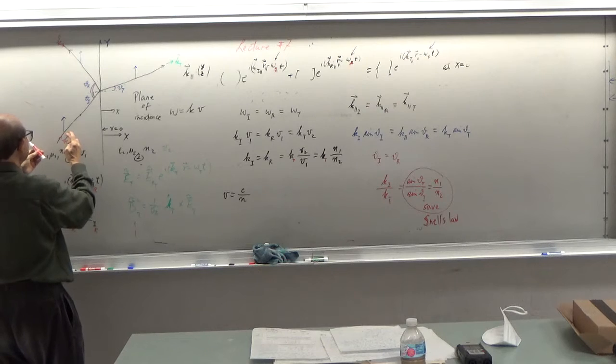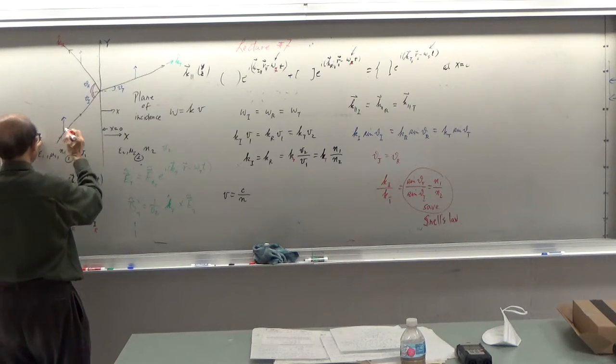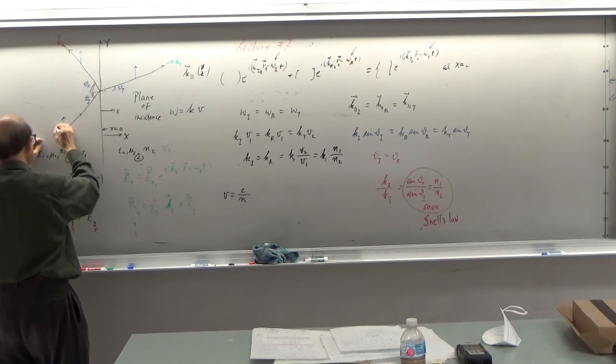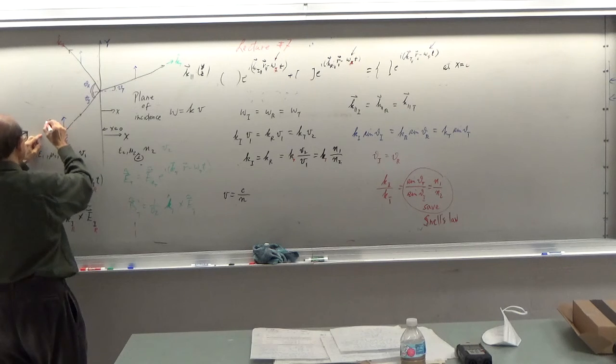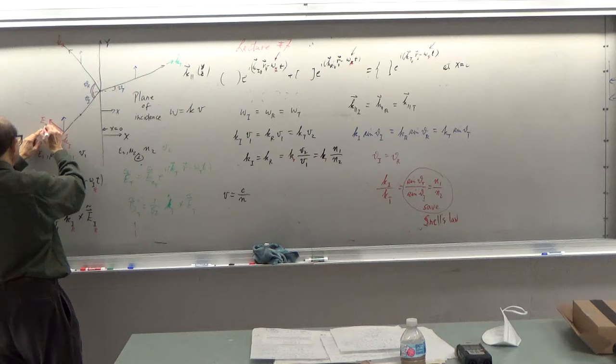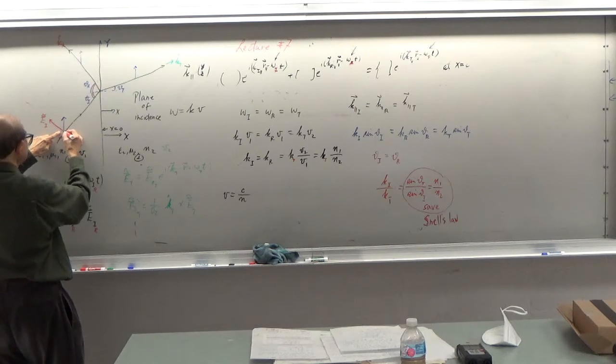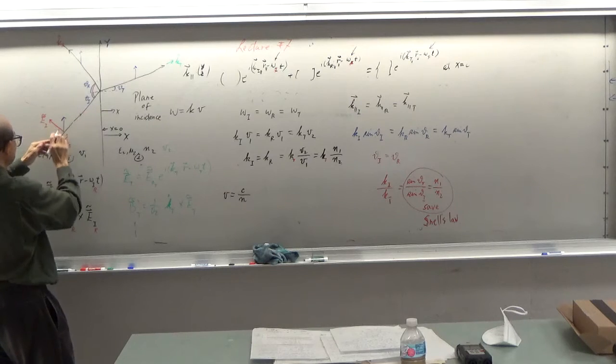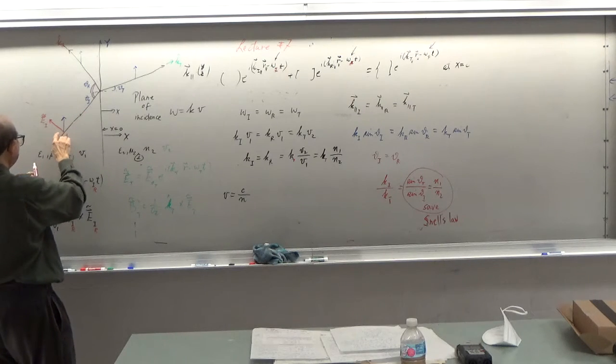If I take this to be the direction of the incoming electric field E, which of course is perpendicular to this direction, then the B field is the direction of propagation crossed with this one.